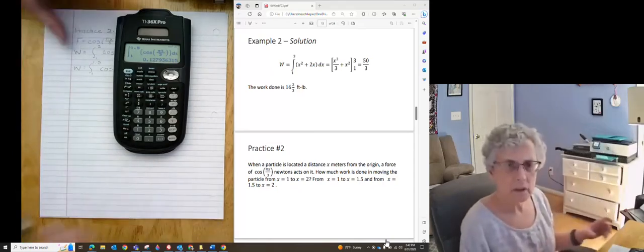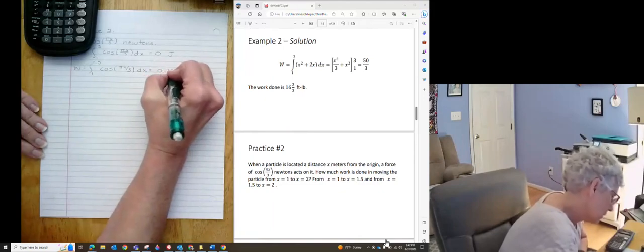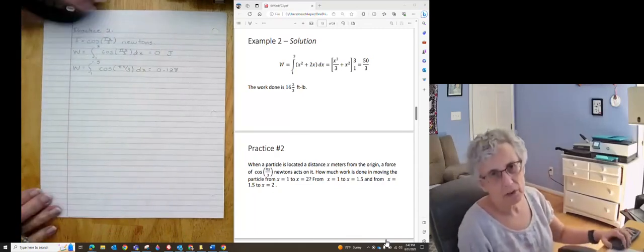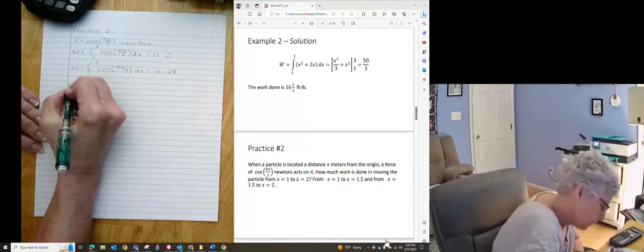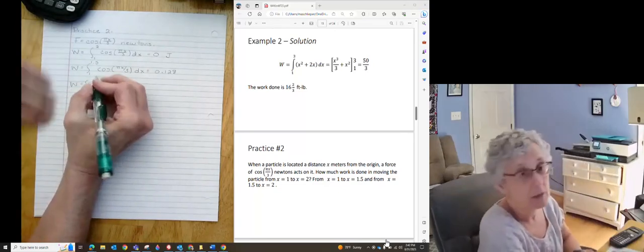Oh, there is a number there. It's 0.128. Now, it wouldn't be that hard for us to do this by hand, but we're going to use our calculator. Let's see what the work from 1.5 to 2 is.